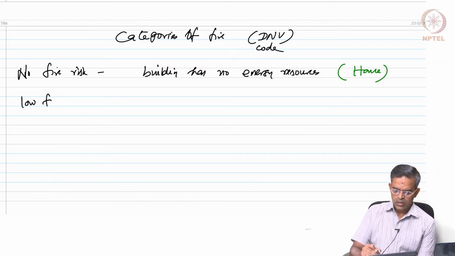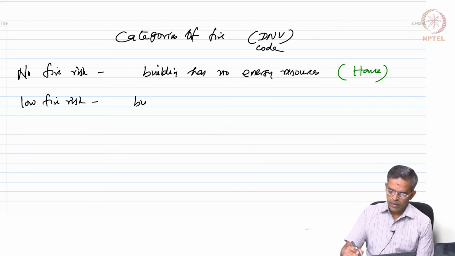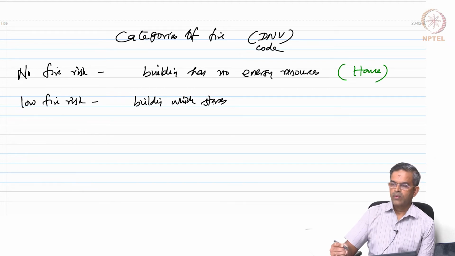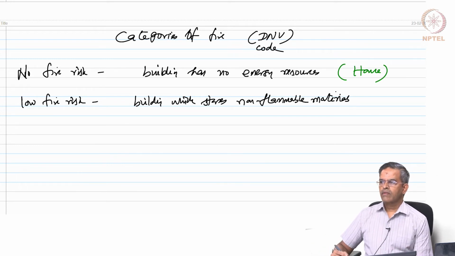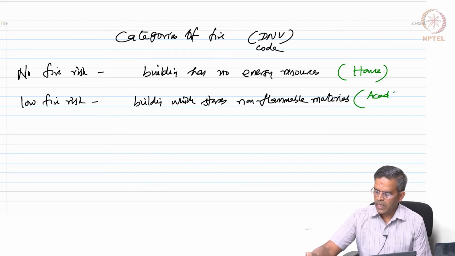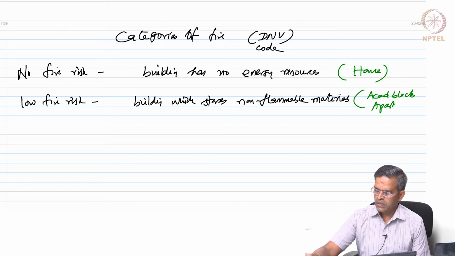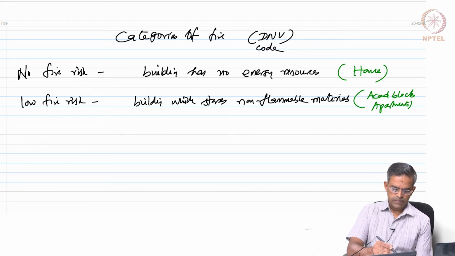The next is low fire risk. This will occur in buildings which store non-flammable materials. Which can be examples of academic blocks, schools, colleges, apartments, which store non-flammable materials.